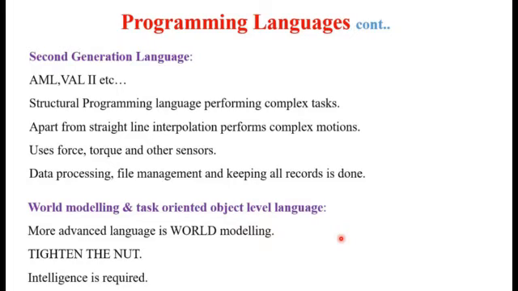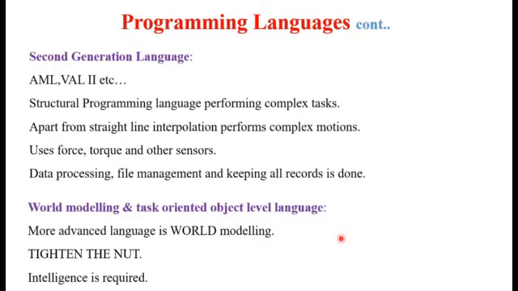In the case of world modeling and task oriented object level language, it is the more advanced language. For example, tightening a nut: in assembly operations, we have seen various robots used to assemble components or machines.